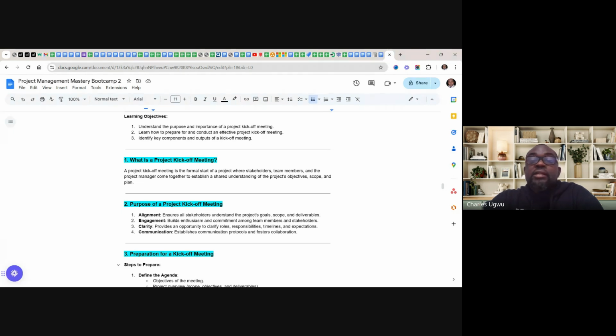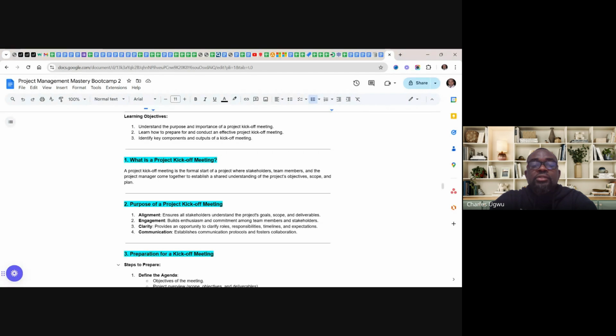It's important that all the stakeholders involved, like the project sponsor and the team members available, should attend. It's an important meeting. The purpose is, one, alignment: ensure all stakeholders understand the project goals, scope, and deliverables.